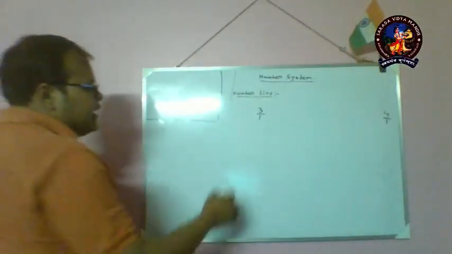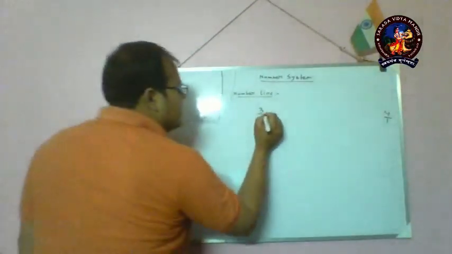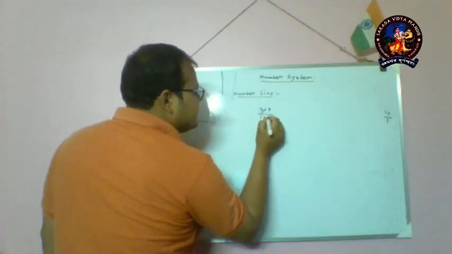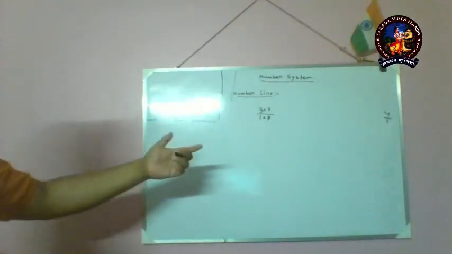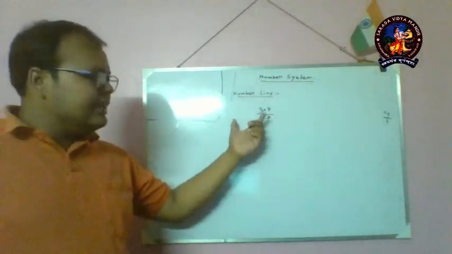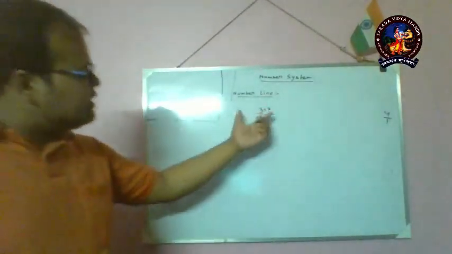And if we have to include 6 rational numbers between them, we are going to multiply both of them by 7. It is nothing but the equivalent fraction of 3 by 1. So we didn't take any new rational number. It is nothing but 3.